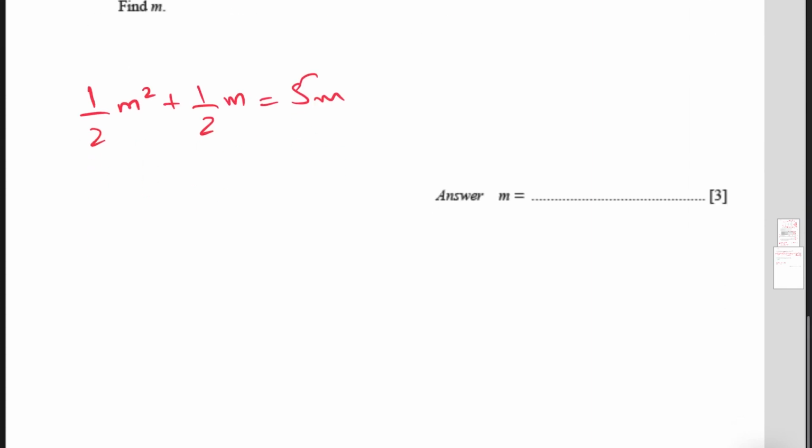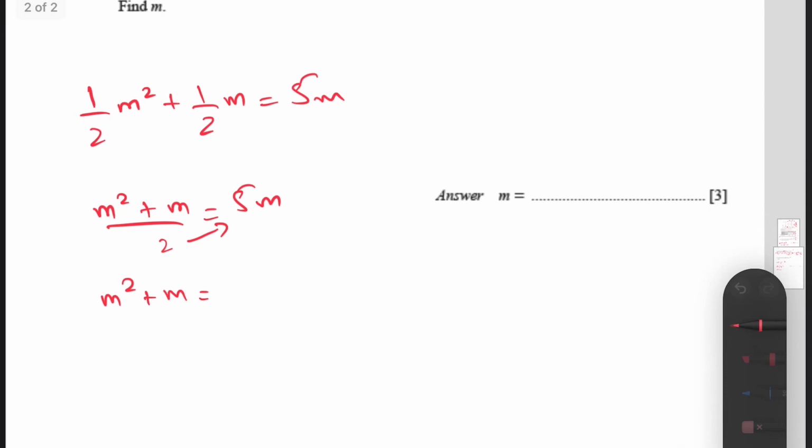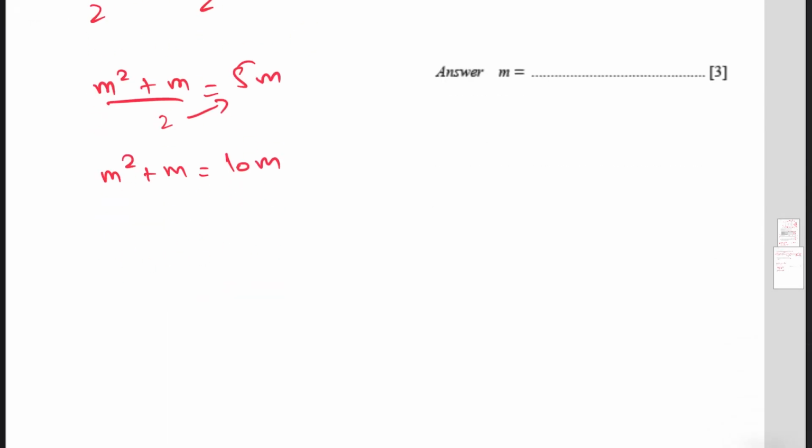Now let's simplify this. You do m squared plus m over 2, because that's the common multiple, equal to 5m. Now you cross multiply that, you get m squared plus m equal to 10m. My bad. Okay, now you bring everything to the left.